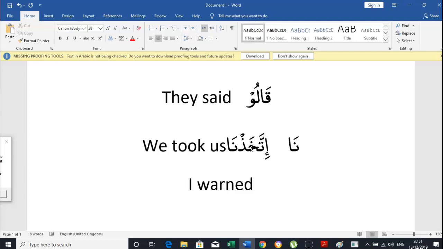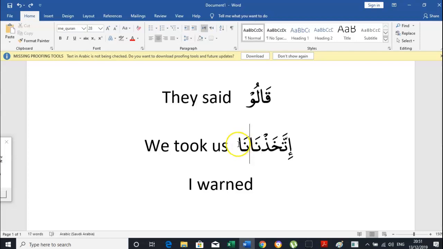Ittakhadna. That's the hunna version without that. Nahnu nasarna, nahnu fa'alna. This one is an attached pronoun; this one's not an attached pronoun, it's part of the word, depending on what pronoun is inside of it.